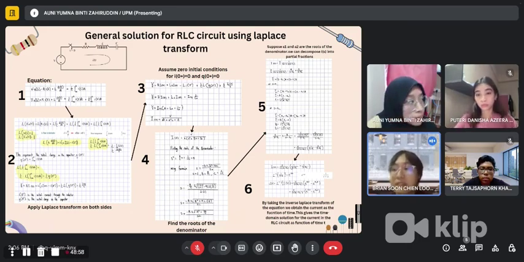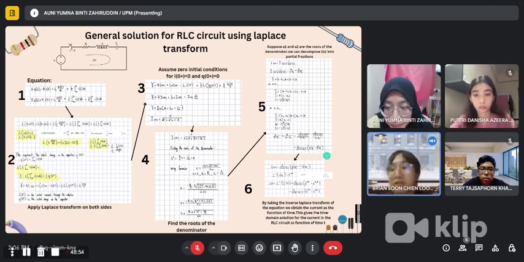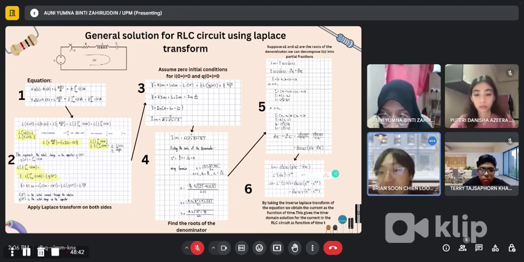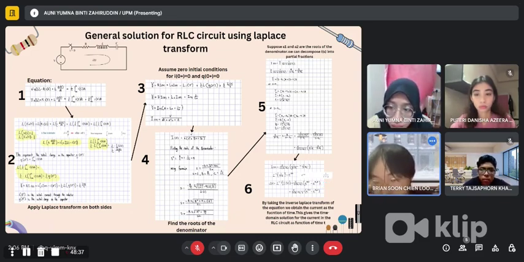Okay, the last step will be we apply the inverse Laplace transform to the equation. We just use the properties, which is exponent to the power negative at equals 1 over s plus a. However, in this situation, we have 1 over s minus a.